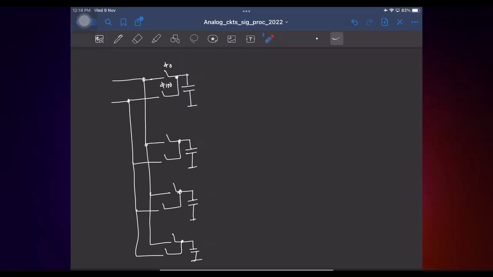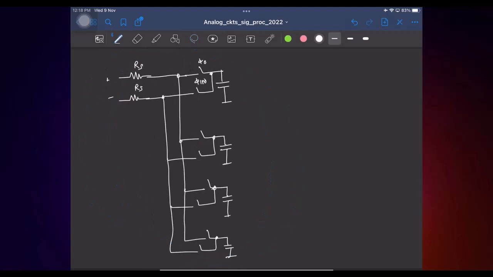Now let's say I add a resistor here, RS, and apply the input here, and if I take the output here, what is the function? What will this do? This is basically the 4-path bandpass filter just connected in a differential fashion, right? This is the single-ended case, you see it's just a 4-path bandpass filter, right?